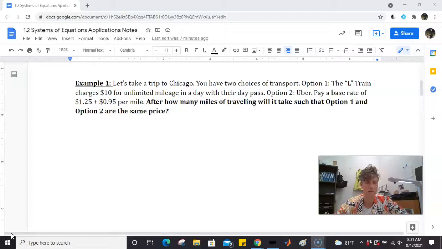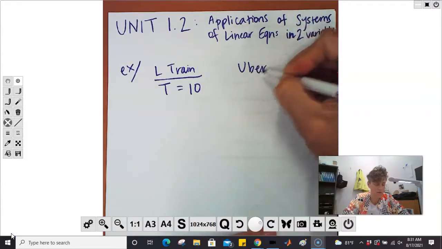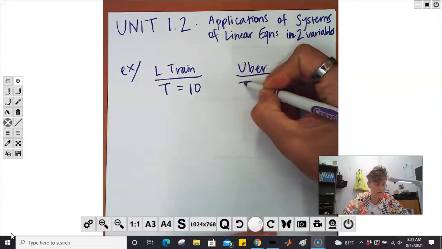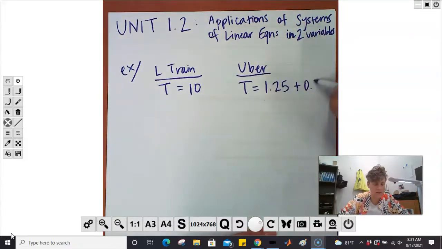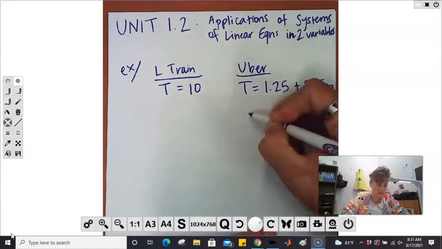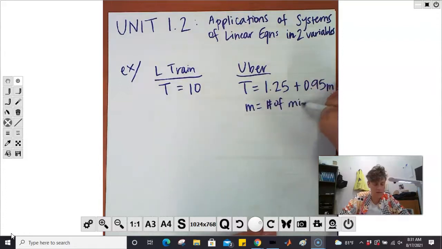So our equation is going to be our total cost is equal to $1.25 plus 0.95 M, let's say M for mile, where M equals the number of miles.